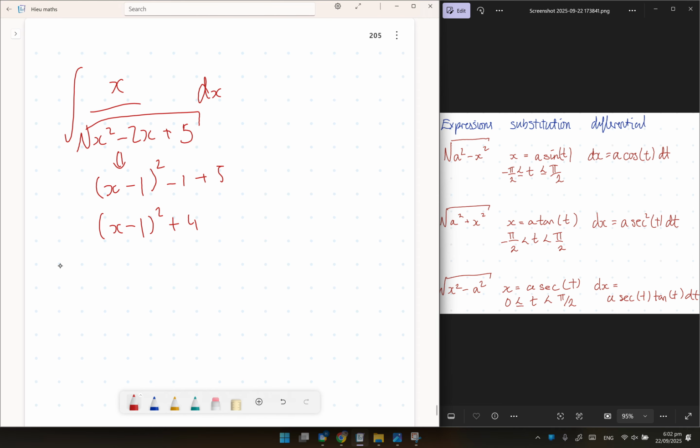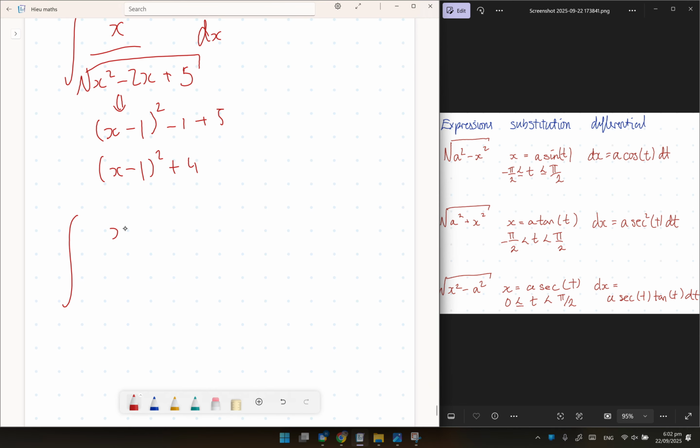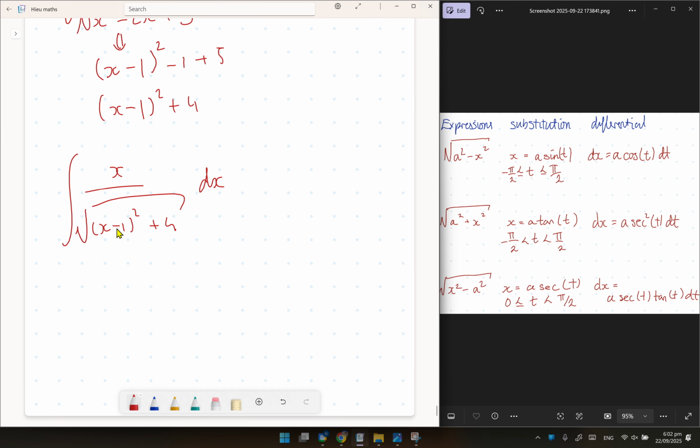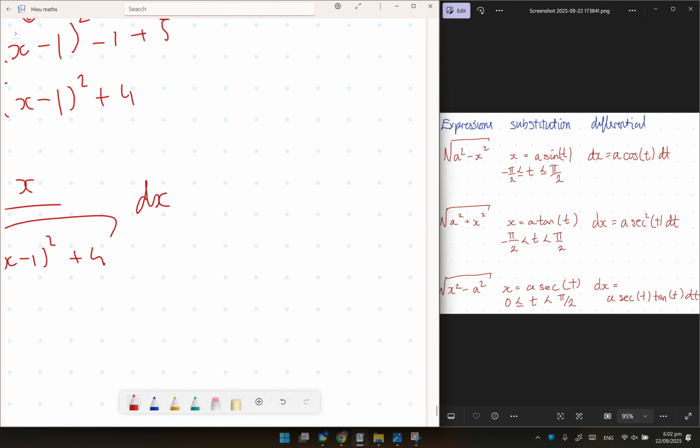So we can rewrite this as x over the square root of (x minus 1) squared plus 4, dx. Here we have a scenario of something squared plus a squared, where we would use x equals a tan t.